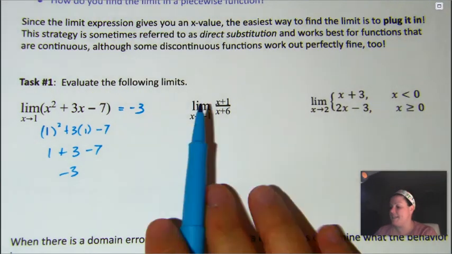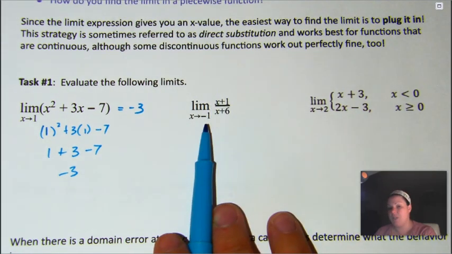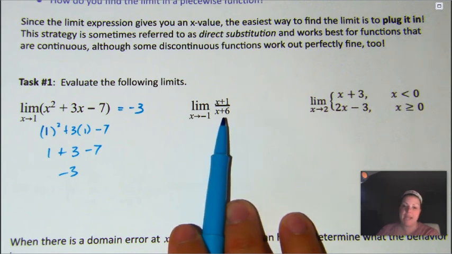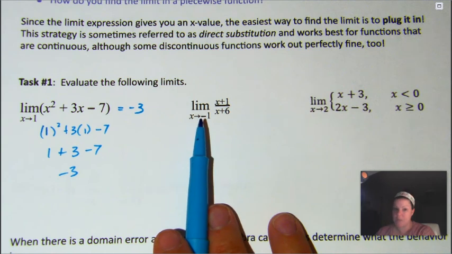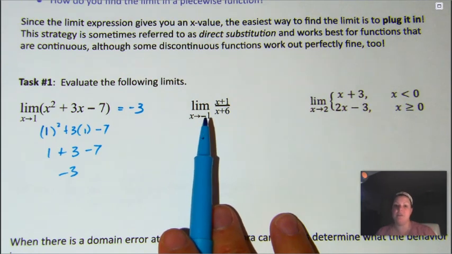For our next example, x approaches negative 1 of this rational function here. We don't have an issue with negative 1 in the domain because the only domain error we have is negative 6. And since that's not what we're investigating here, we're not taking a look at what happens at negative 6, but rather what happens at negative 1. We don't have to worry about it. We can just plug it in. It's part of the continuous part of this rational function.